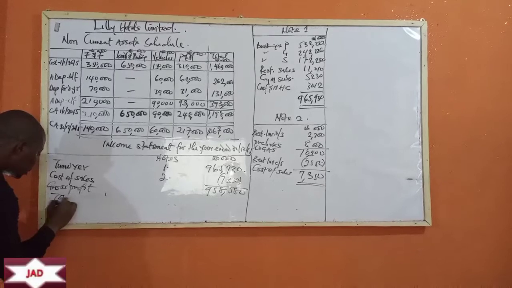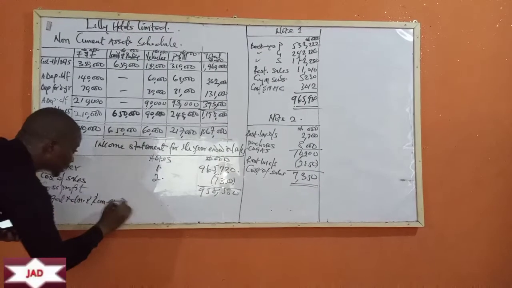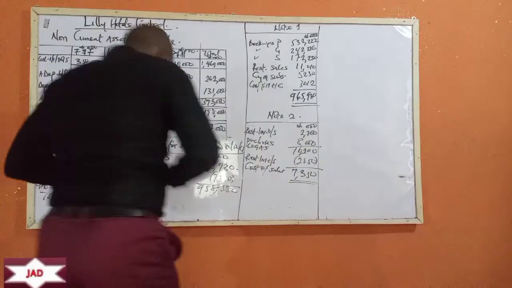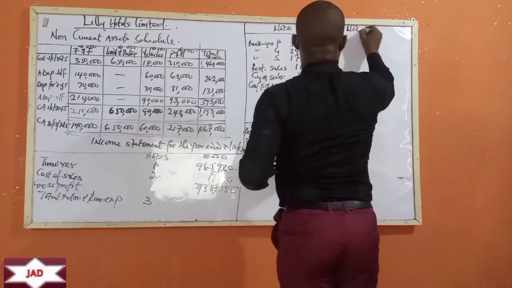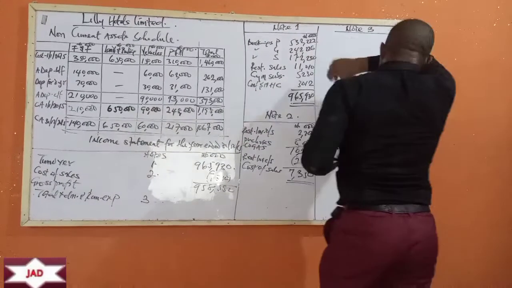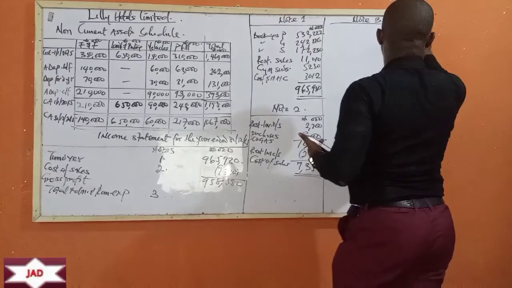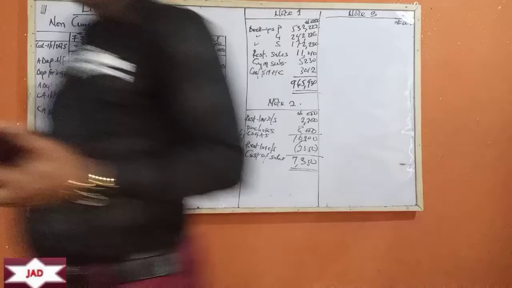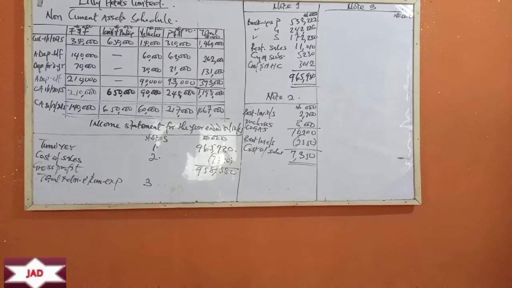So the next thing I will say is total admin and running expense. Let's call that note 3. So we have note 3. What are those admin expenses that you have there?